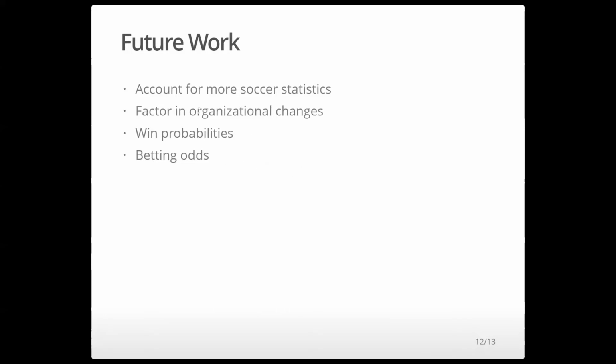We can also try to factor in some organizational changes, such as whether a team has a new coach or a new owner or new players. And we can also calculate win probabilities based on what we got from our simulations, and we can eventually convert those into betting odds.